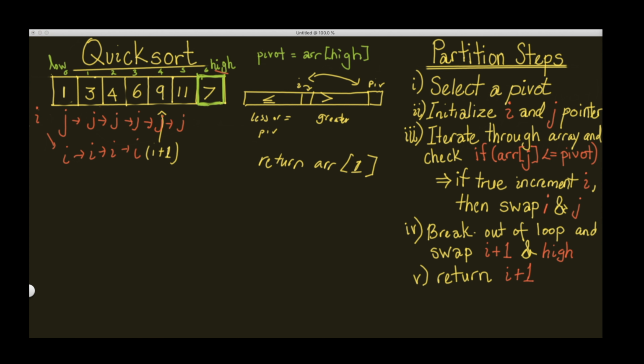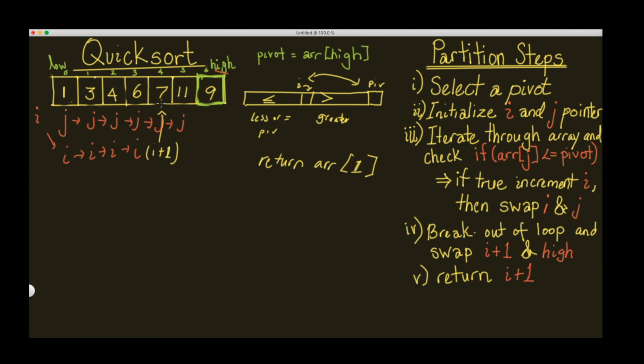And we're going to see, again, that those boundary conditions are satisfied, where the 7 is in its final sorted position. So everything to the left of it is going to be less than or equal to that, and everything to the right of it is going to be greater than that. So we swap the 7 and the 9, and usually everything on the right won't be sorted, so we're going to just leave that alone for now.